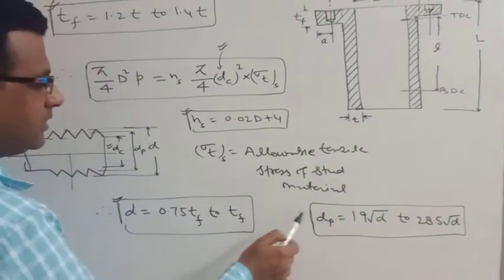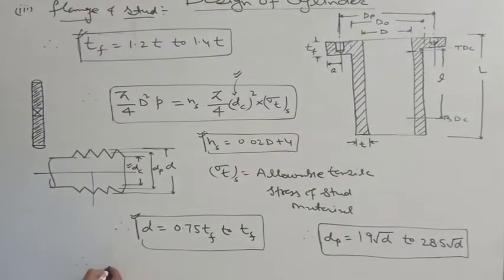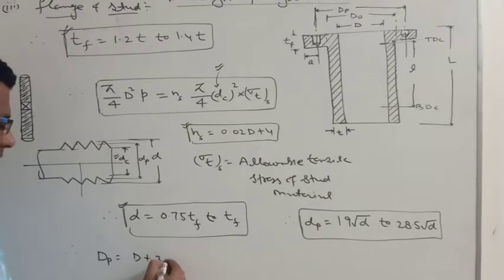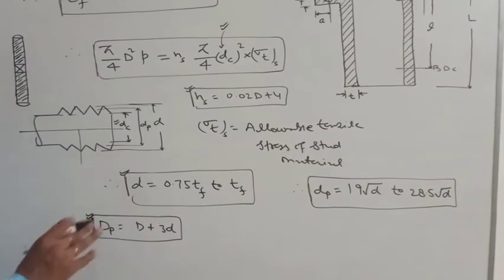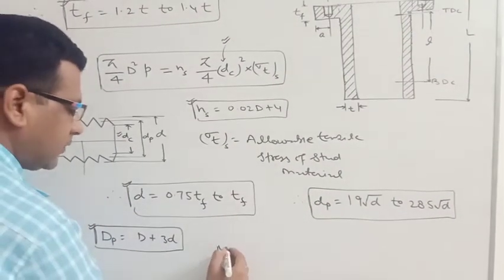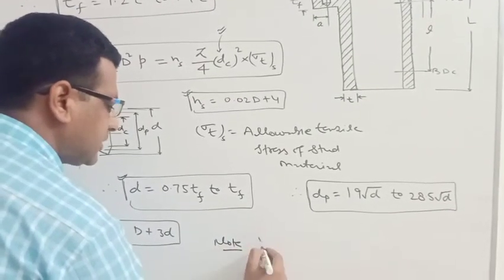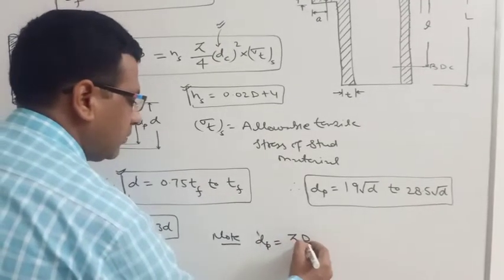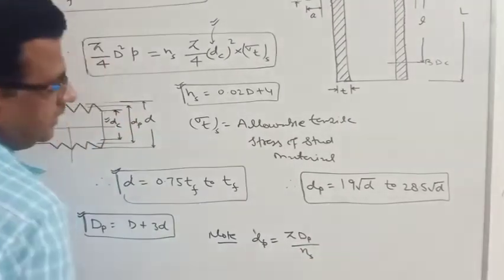For this calculation, we also have to calculate the pitch circle diameter, and the value of dp should be equal to d plus 3d. By having these values, we can now check the value of dp for the threads, and for checking we are using the formula. We know that the pitch circle diameter for the thread should be equal to pi dp upon the number of threads.